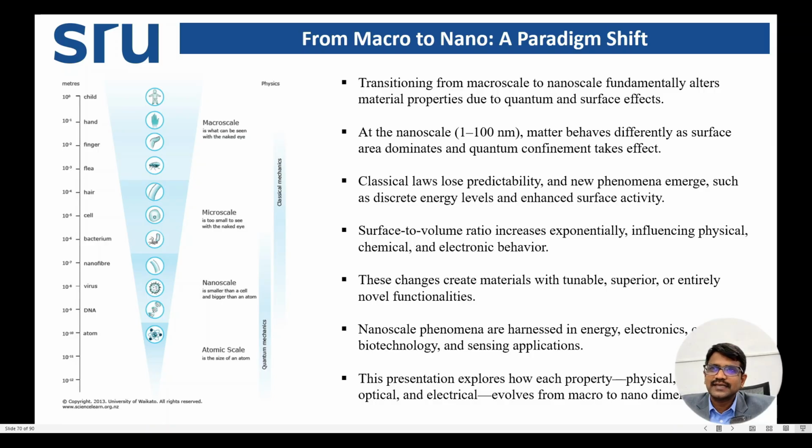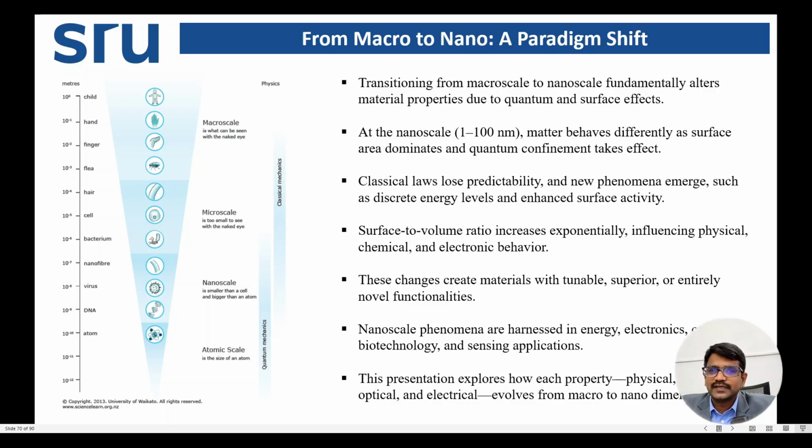as discrete energy levels. As per classical, in case of bulk materials, we have continuous energy levels. That's why it forms a band: conduction band, valence band. In bulk materials, all the energy levels are continuous.